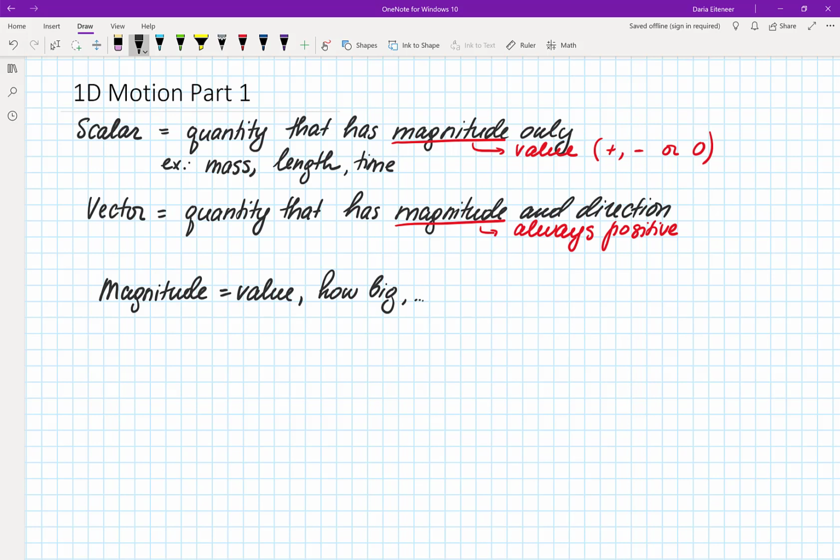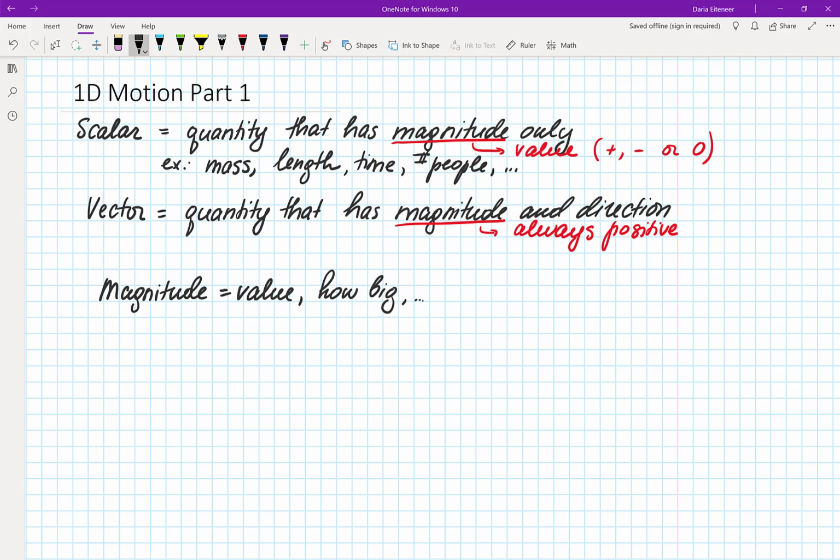Time, number of people in the room, and so on. There are all kinds of different measurements that you can make where there is no direction. It doesn't even make any sense to talk about direction if you're talking about number of people, for example.